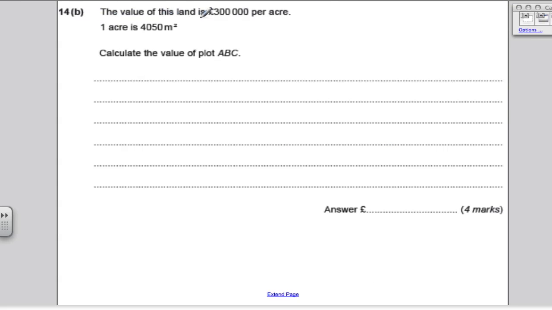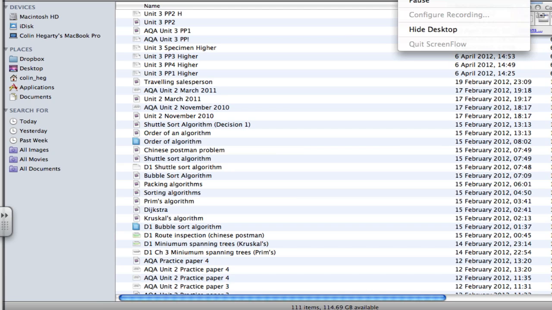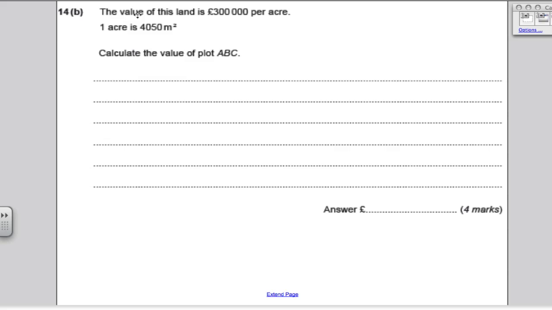14b tells you the value of this land is £300,000 per acre, and an acre is 4,050 meters squared. Calculate the value of the plot. The value of this land is £300,000 per acre. 1 acre is 4,050 meters squared.